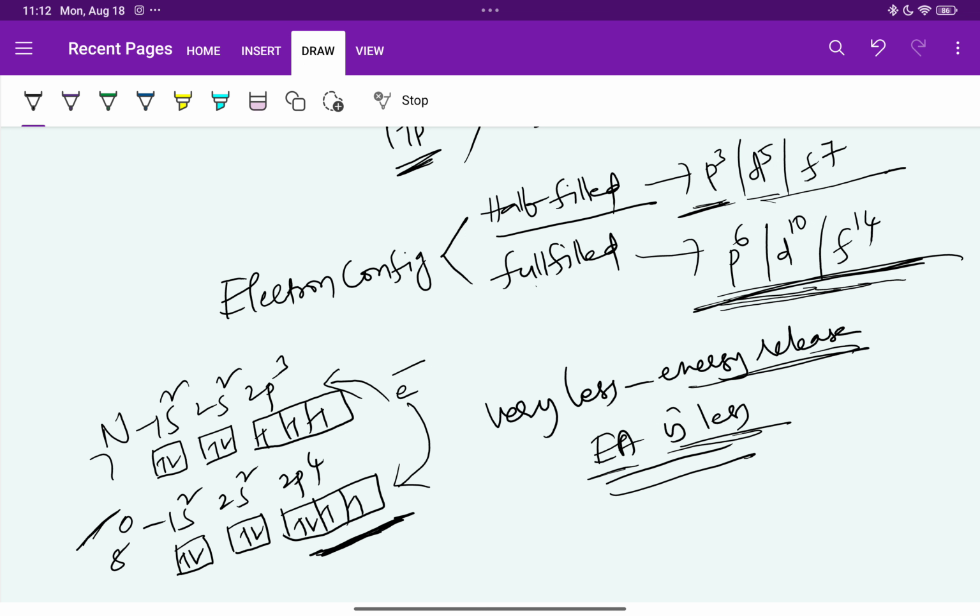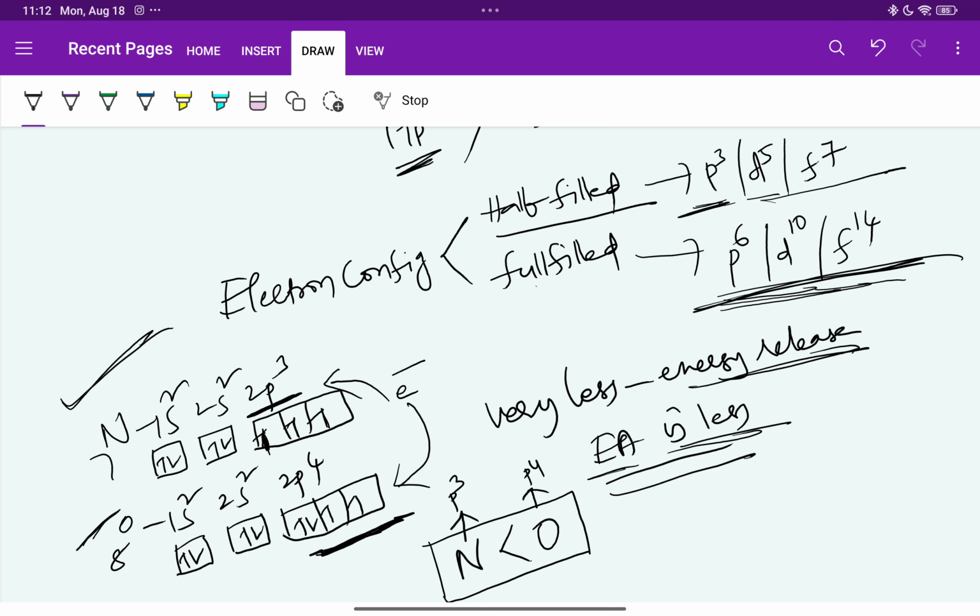So oxygen easily takes the electron and releases more energy outside when you compare with nitrogen, because nitrogen is having p3 half-filled electron configuration. So nitrogen cannot take an electron easily, and when you add an electron to nitrogen, a very small amount of energy releases outside. So oxygen's electron affinity is more than nitrogen's, because nitrogen is having a half-filled configuration, and oxygen is not having either half-filled or full-filled.